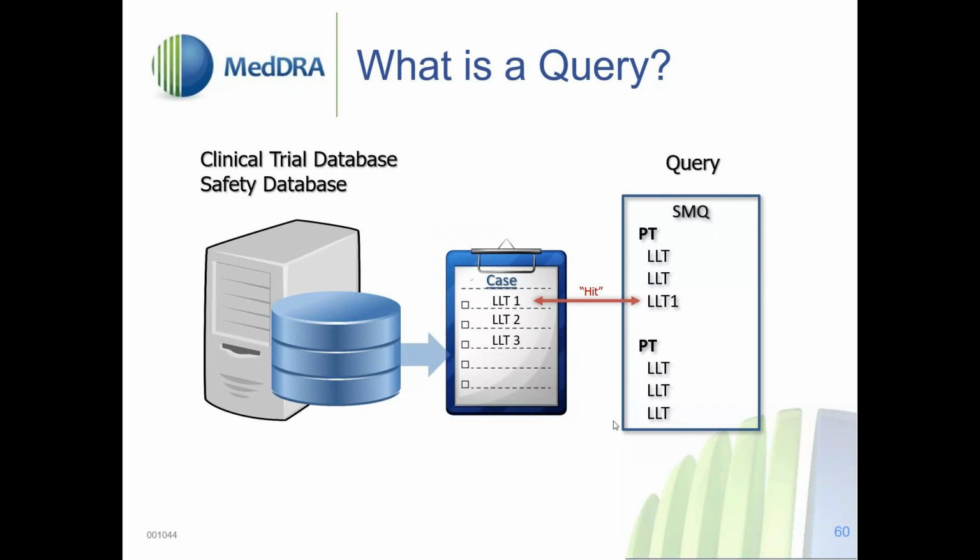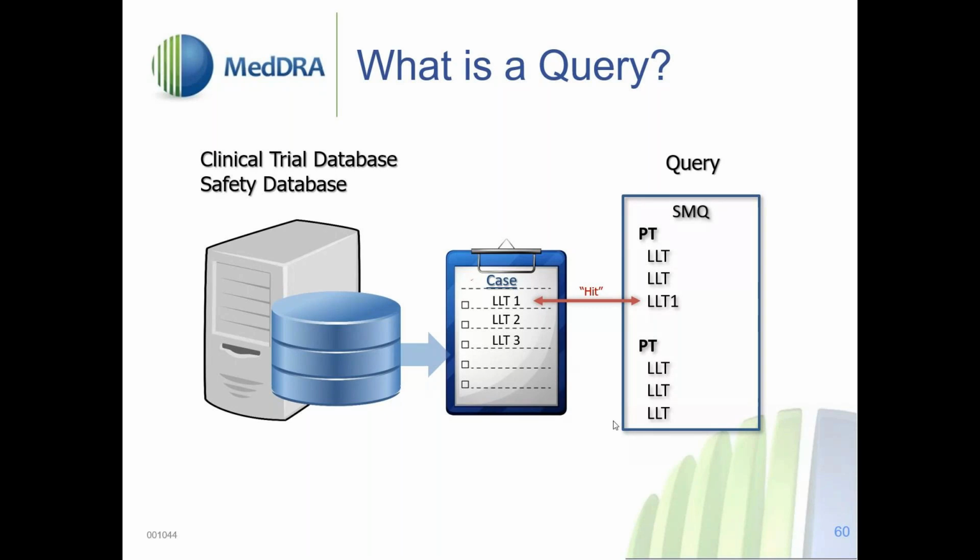And in those cases, you also have the information on the coding to certain LLTs, depending on your condition. Then if you want to look at cases for certain topics, you have a query which describes that topic of interest. And that query is usually defined by PTs, and by convention, all LLTs under a PT are also included in that query.